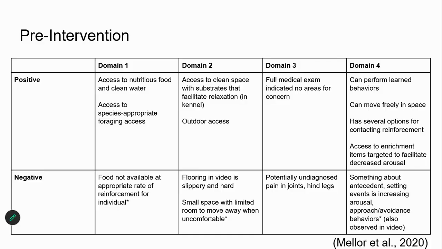In the environment side, he's got clean space, he's got a comfy bed, he has access to the outdoors. One negative that I noted, and I honestly wish I had noticed this at the time that I was doing the intervention. It's really only in hindsight after watching the video that I realized that the floor in the community room is really not doing him any favors.